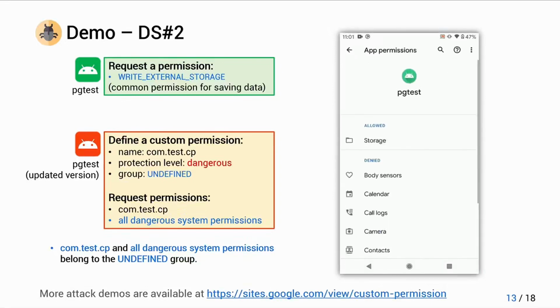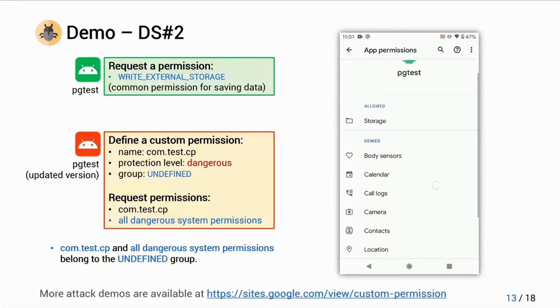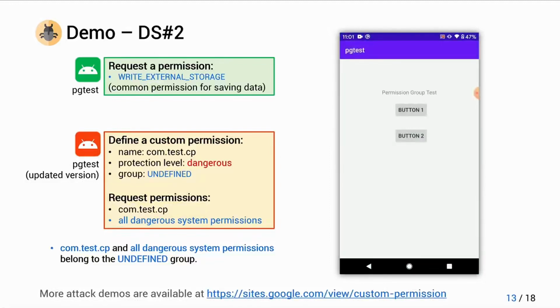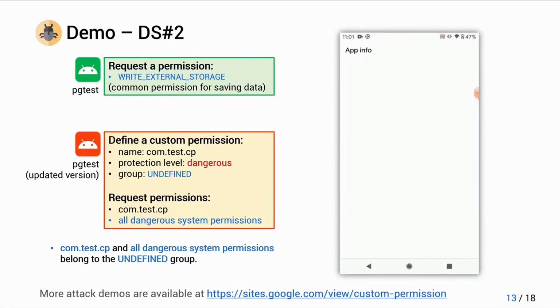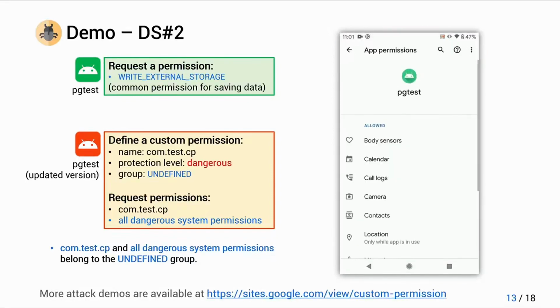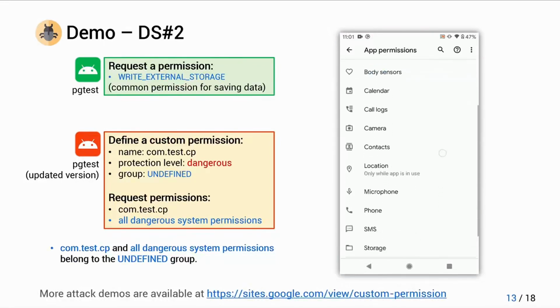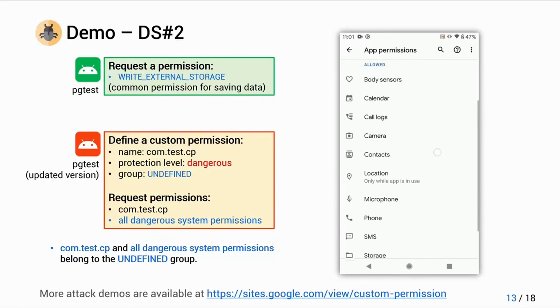We can see that this app still only gets a storage permission. Now, we request the dangerous system permissions. We check the permission granting list. We can see that this app has got all dangerous system permissions automatically. This app has achieved privilege escalation.